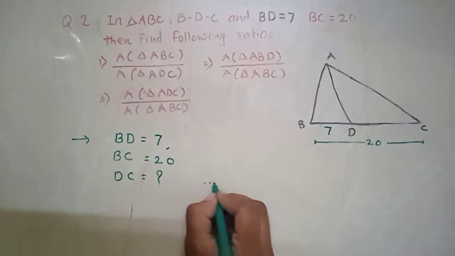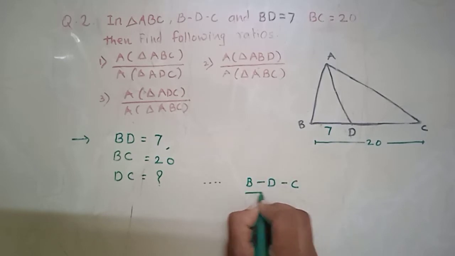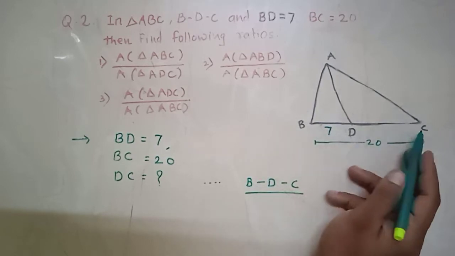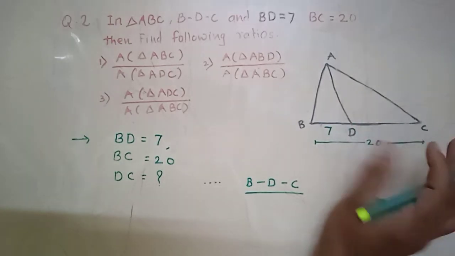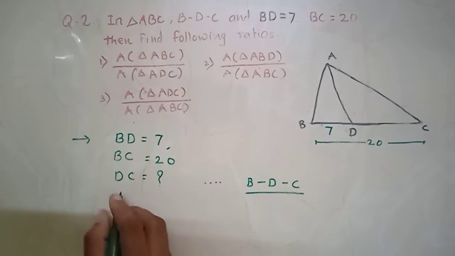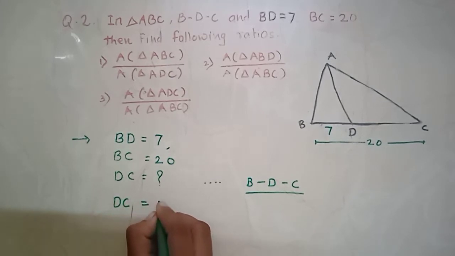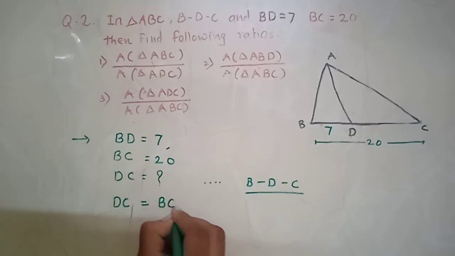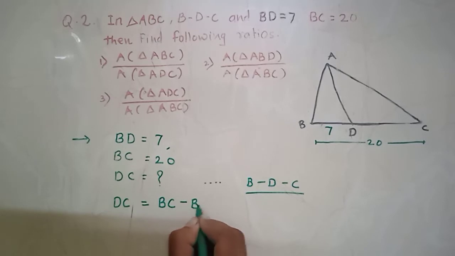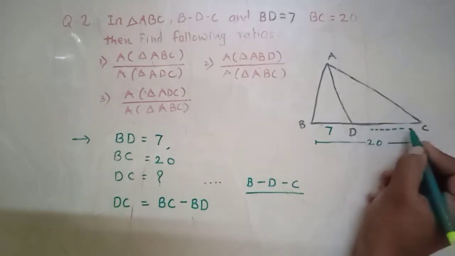Then we know that B, D, C are on the same line. ये क्या है, एक ही लाइन में है, तो हम कंसीडर कर सकते हैं कि DC इक्वल्स टू BC माइनस BD. We have to find this length DC, right?